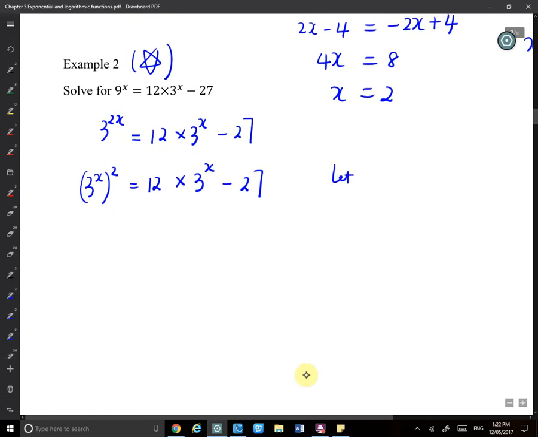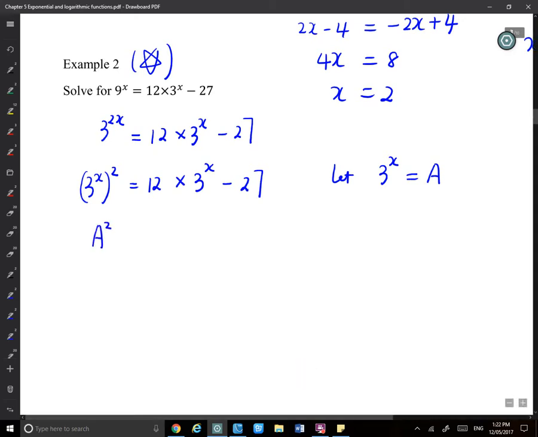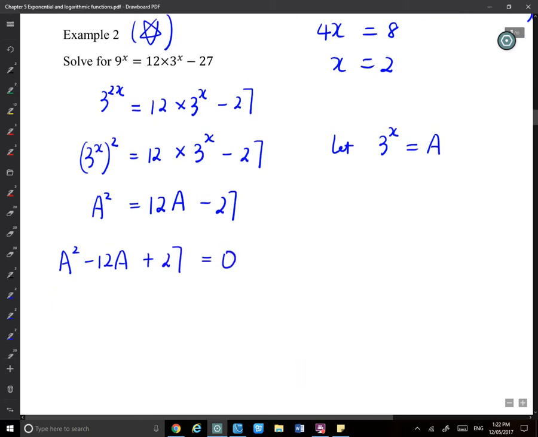I'll say let capital A be 3 to the power of x. Then that is A to the power of 2, and this side is 12 times A minus 27. So A squared minus 12A plus 27 equals 0.